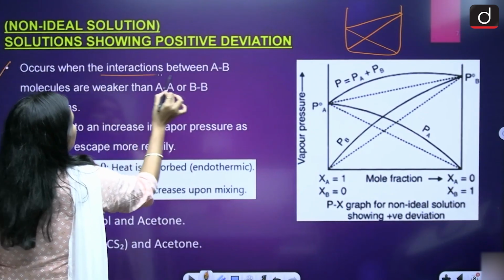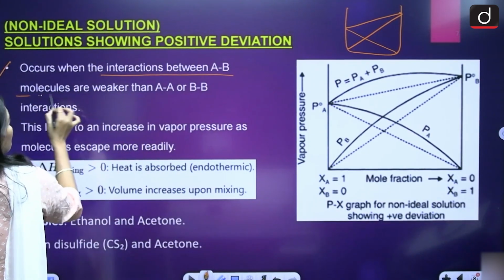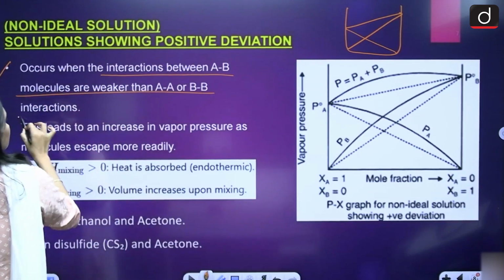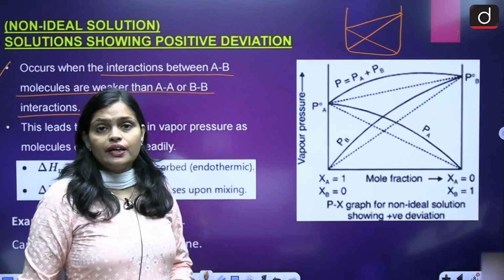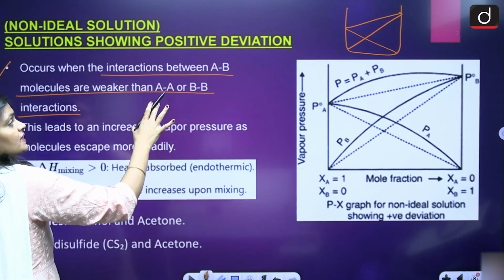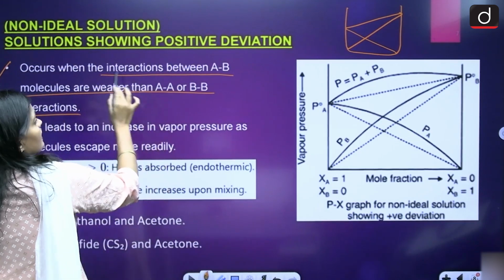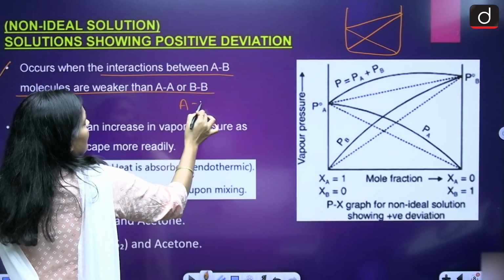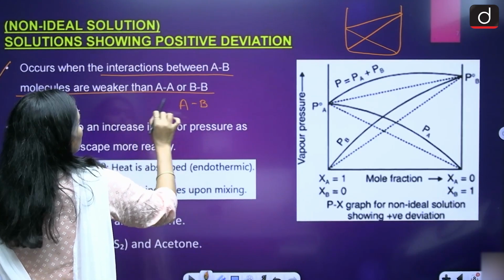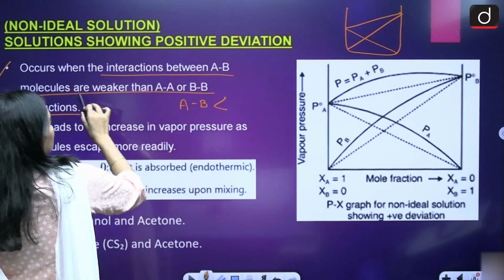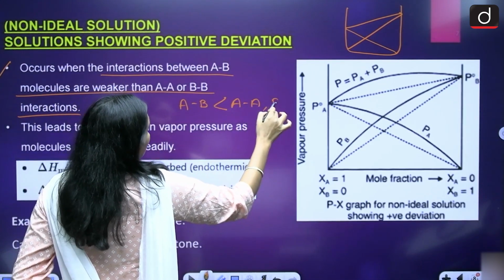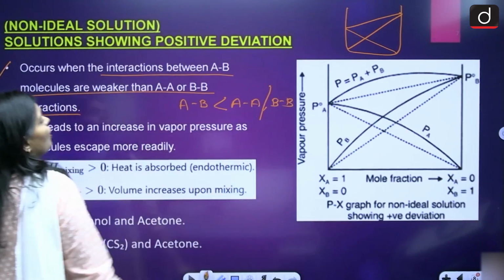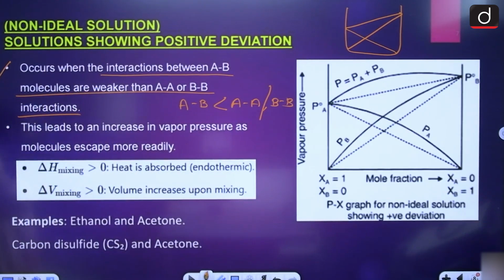Positive deviation occurs when the interaction between A and B molecules are weaker than AA or BB interaction.